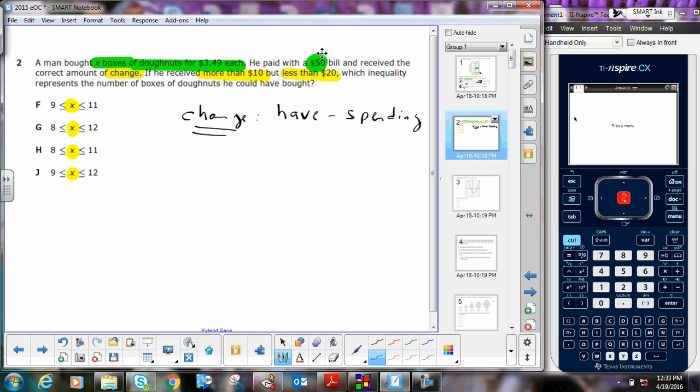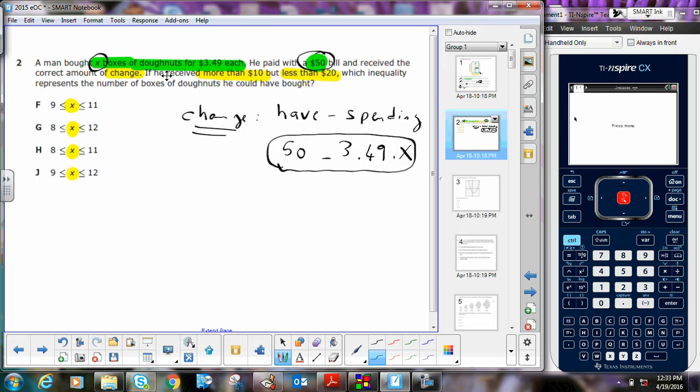So in this case, he has a $50 bill minus his spending. How much is he spending? $3.49 for each box. And how many boxes did he buy? x boxes. So $3.49 times x. All of this is the change he should have.